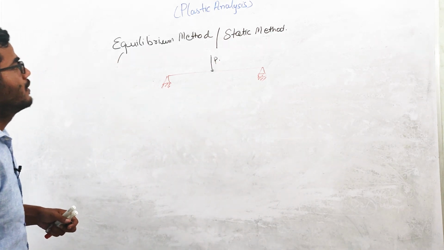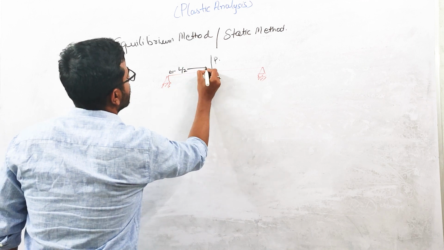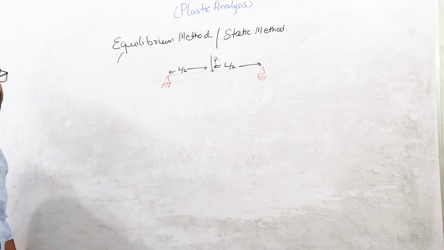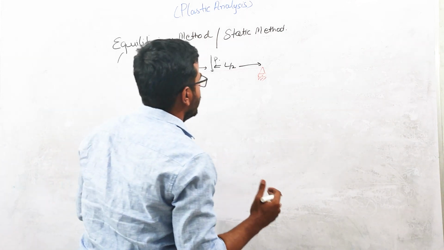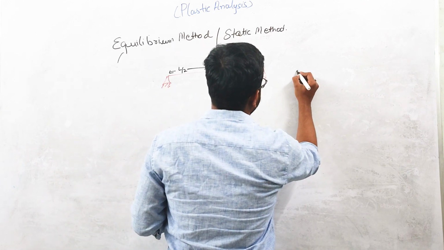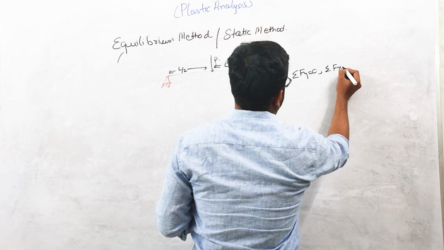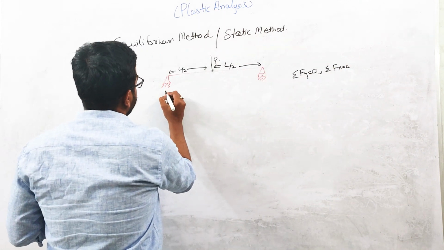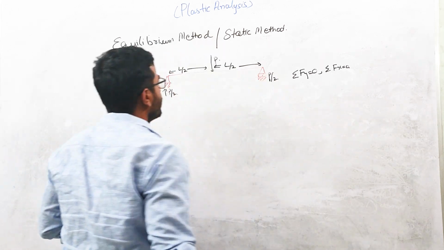This distance is L by 2, and this is L by 2. If you draw the free body diagram using the equilibrium conditions, summation Fy equals 0 and summation Fx equals 0, the reactions at the supports due to this P load are P by 2 each.